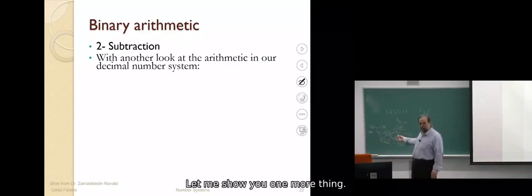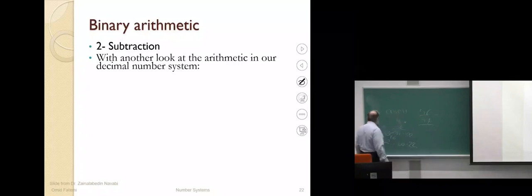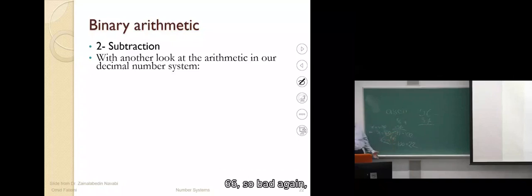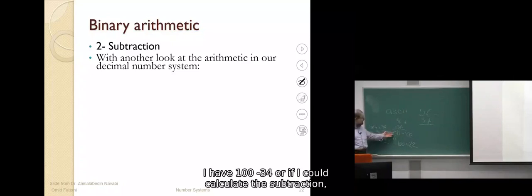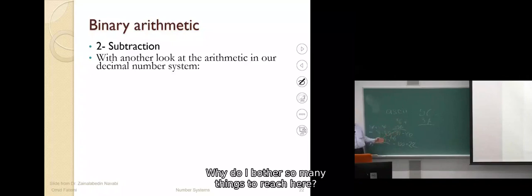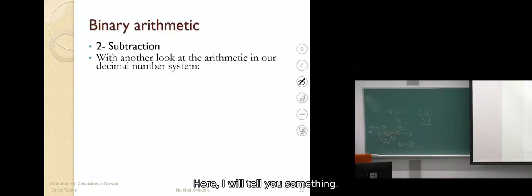Let me show you one more thing. Here, I had to again calculate the subtraction. 66, so it's bad again. I wanted to get rid of subtraction, but again, I have 100 minus 34. Or if I could calculate the subtraction, I would do it at the first time. Why do I bother with so many things to reach here?